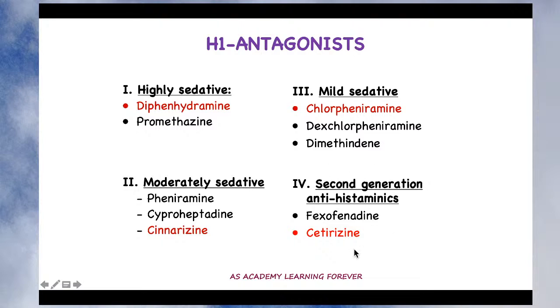This can be easily prevented if you use cetirizine. Cetirizine is a well-known marketed formulation available in the market. It is a highly sold anti-allergic drug. It is also used in some cough preparations, and also for the common cold and cough, isn't it? So these are all H1 antagonistic drugs.